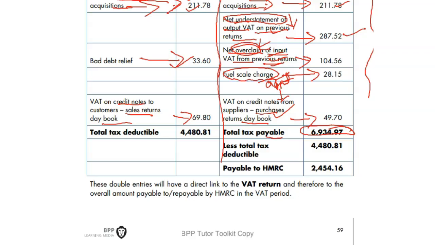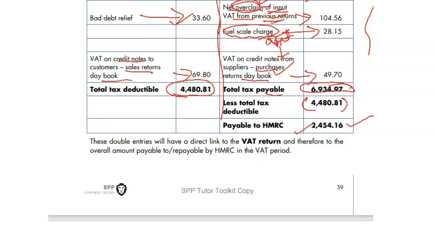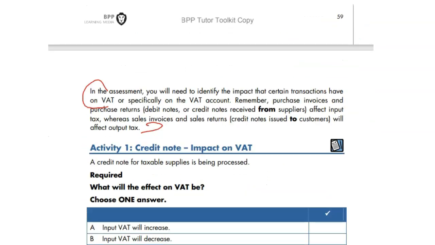And total tax reclaim, or VAT reclaim 4480.81, which should be deducted from the tax payable. How much is still payable? 2454.16. That much is still payable to the HMRC, and that much must be paid to the HMRC at the end of the quarter.